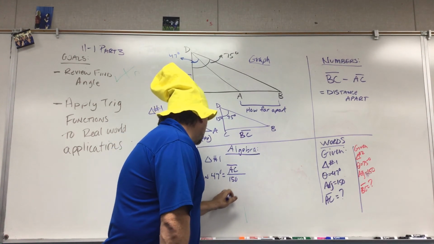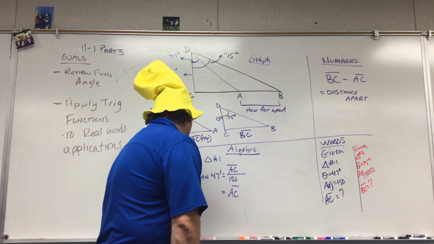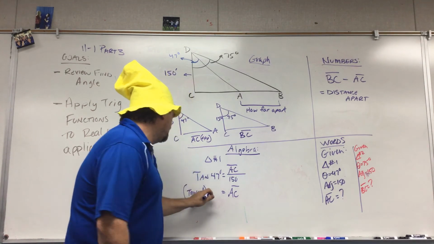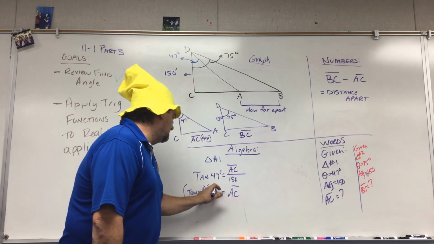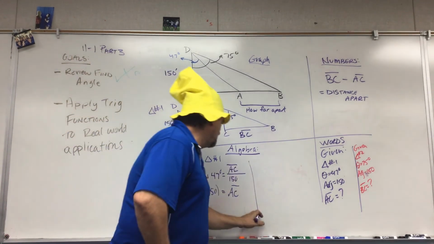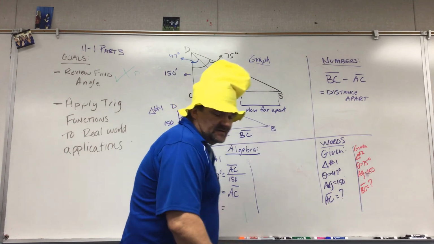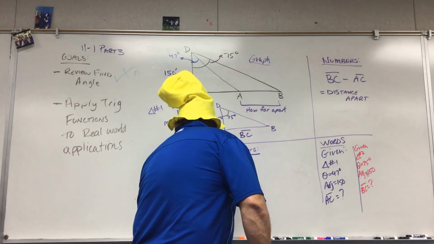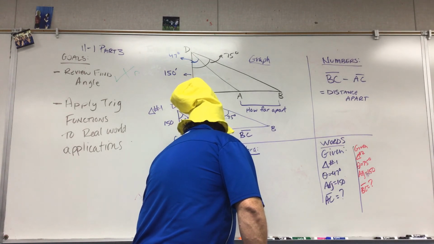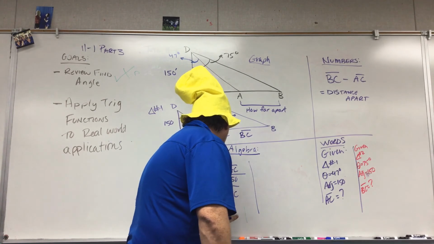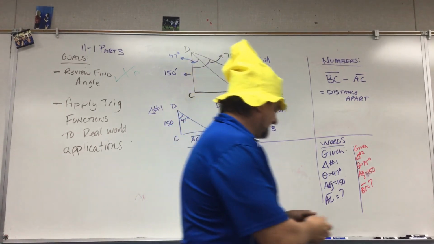That means AC's length is the tangent of 47 degrees times 150. That's going to be approximately 160.86 feet. That's the length of AC.